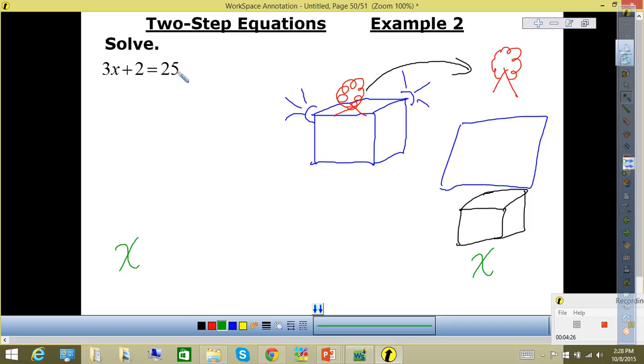Everybody with me? This is the present. Look up, please. This is this. And what we need to do is work things around, which means take away the bow, take away the wrapping paper, take away the box, in order to find out what X is. Everybody with me?